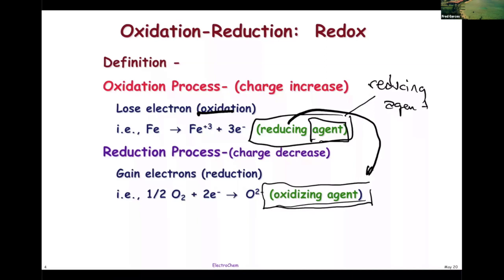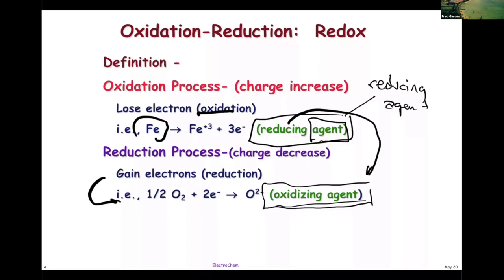That's why we call this species a reducing agent, even though it's oxidized, because without this chemical, the partner never gets reduced. Likewise, for the process that is undergoing reduction, in order to undergo reduction, it has to pull the electrons from its partner. It therefore is responsible for oxidizing its partner.